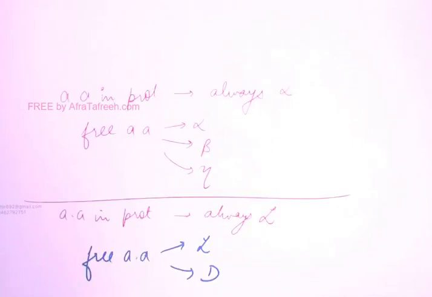Now, amino acid in protein is always alpha. But free amino acid can be alpha also, can be beta also, can be gamma also, right? On the other hand, amino acid in protein is always capital L, but free amino acid may be L, may be D, right?